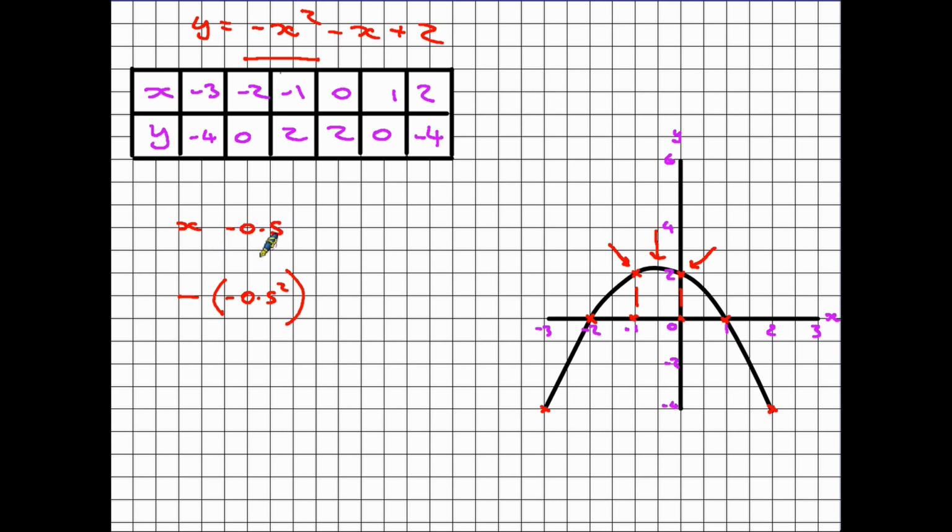Well, x is minus 0.5, so to take that away it will be plus 0.5, and on the end plus 2. Work that all out and you end up with 2.25, and that is your y coordinate. So the turning point is minus 0.5, 2.25.